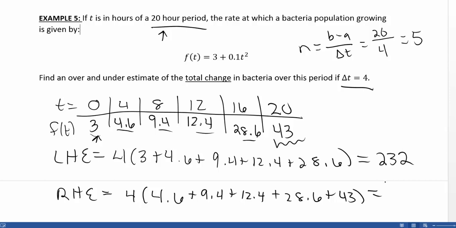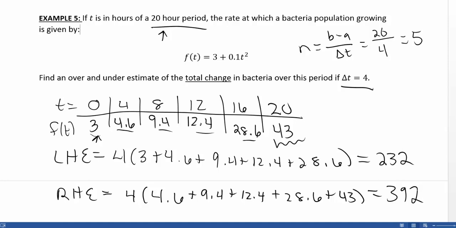I multiply those together and I get 392. So now again, I need to look at my two numbers and the bigger one is my overestimate. So 392 is going to be my overestimate and 232 is going to be my underestimate. If for some reason this question had asked for best estimate, we would have averaged those two numbers together and we would have gotten 312.